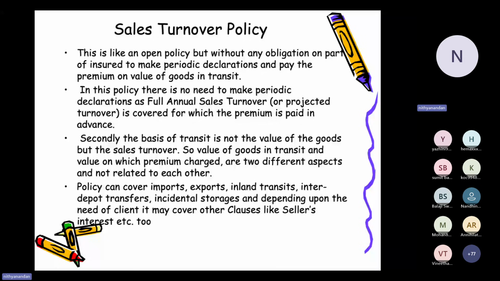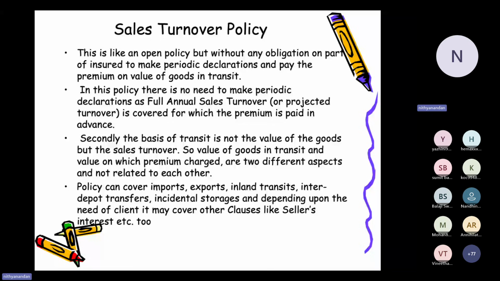Advantages: the client is paying very much less, almost 50% of what he was actually paying in the earlier methods by taking many open policies. And the problem of issuing the declarations and giving the certificates is totally removed. The client's work is reduced, our work is also reduced.